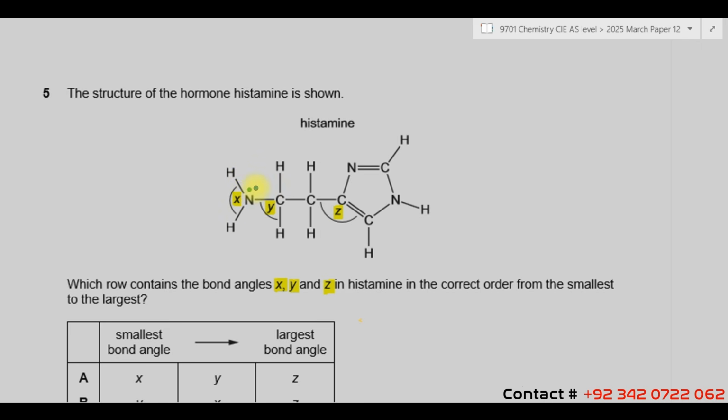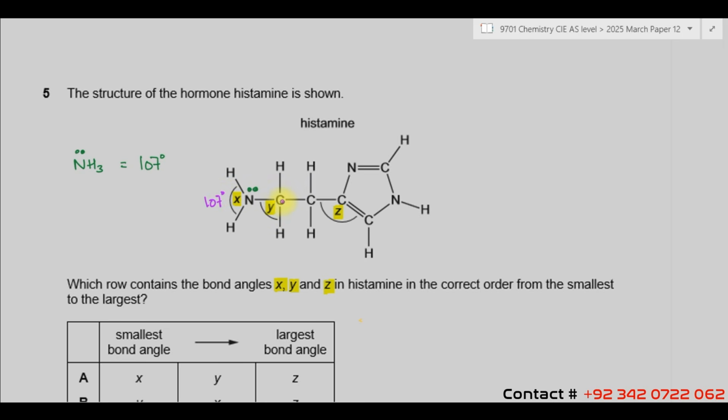So it has 5 electrons, out of which 1 is a lone pair, and there are 3 bond pairs. Now this is similar to ammonia. In ammonia also we have 3 bond pairs with 3 hydrogen atoms and 1 lone pair. The bond angle in ammonia is 107 degrees. So this X bond angle must also be similar to 107.